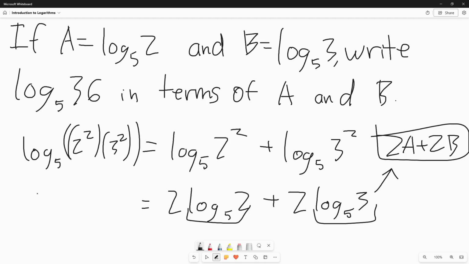If you do like log 5 of 12 times 3, that wouldn't really work, because although 12 can be written as 3 times 2 times 2, it's much easier to do something like this where you just have the square root of both values.